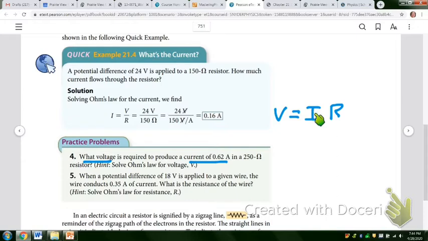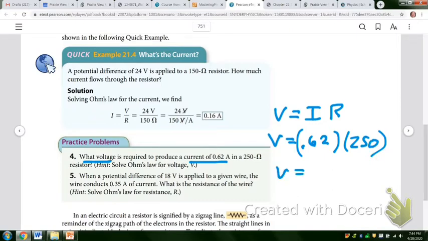Remember the letter I stands for current, and R is for resistor, and right here is my resistor, 250 omegas. So V is equal to 0.62 amps times 250 omegas. If you multiply those together, you'll get 155 volts as your answer.